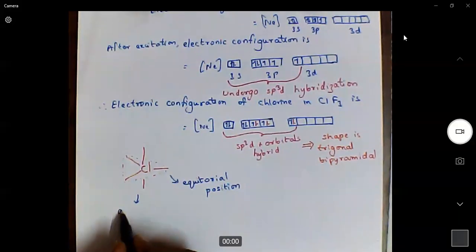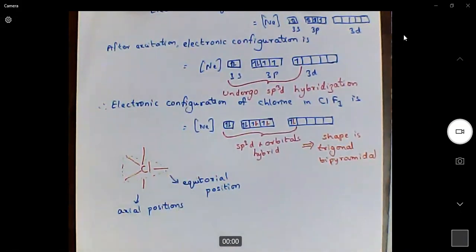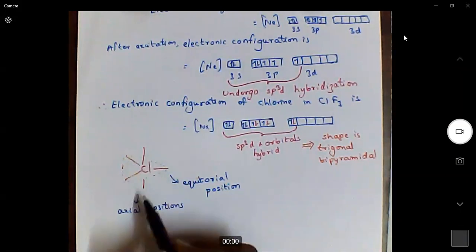The positions in the triangle are called equatorial positions. The positions above the plane and below the plane are called axial positions. So we have three equatorial positions and two axial positions.